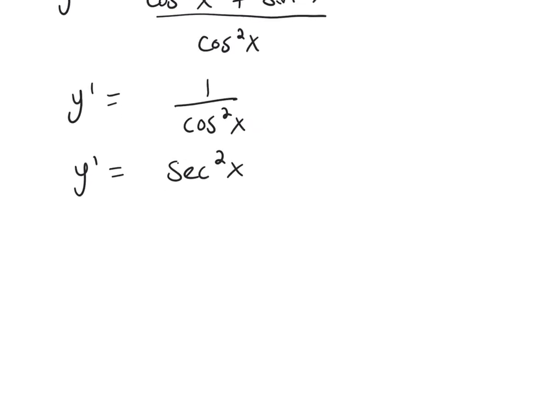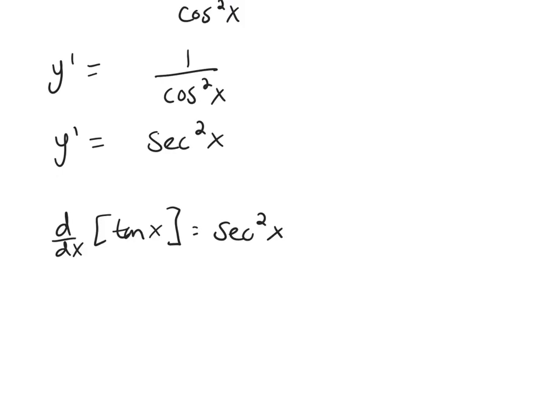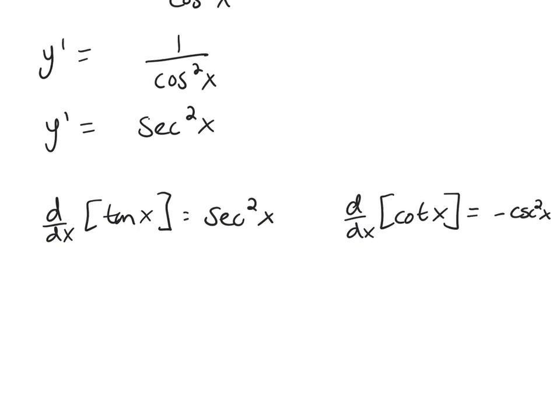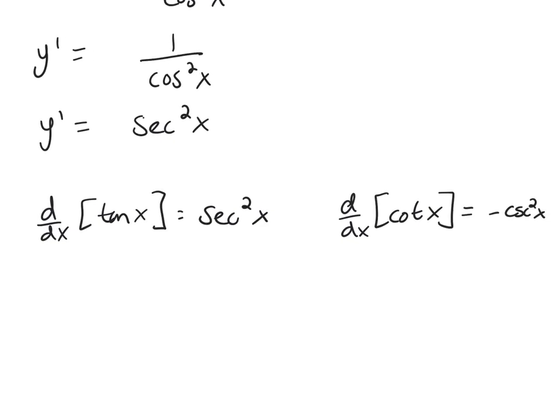So what we just learned is that the derivative of tangent is secant squared. You can do something similar to this to get the derivative of cotangent. The derivative of cotangent will be negative cosecant squared. And then the derivative of secant, you'll get secant times tangent.